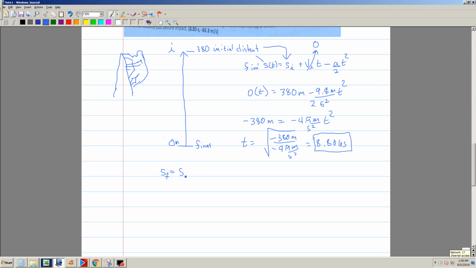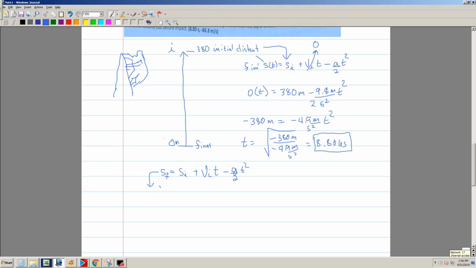I'll say this is final, initial, and we'll call that G. So when you take the derivative, it yields the velocity formula.